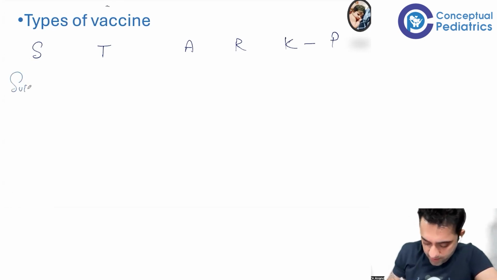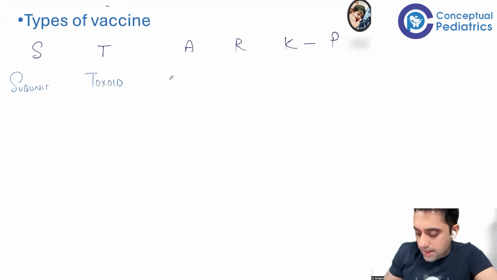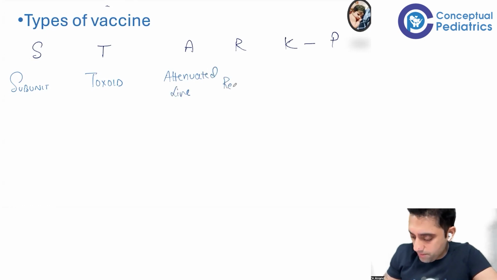S for subunit vaccine, T for toxoid vaccine, A for attenuated live vaccine, R for recombinant vaccine, K for killed vaccine, and P for polysaccharide vaccine.